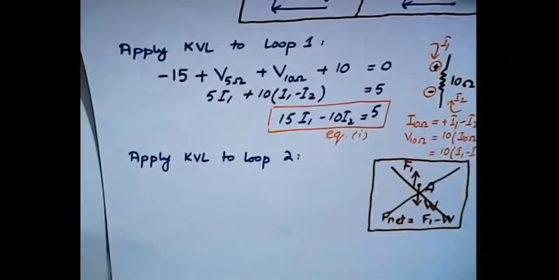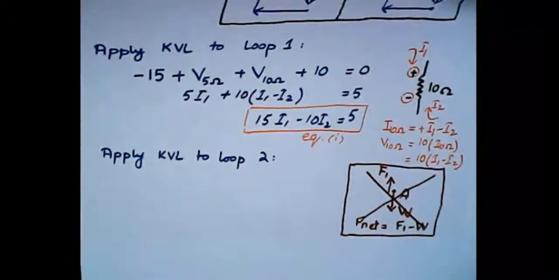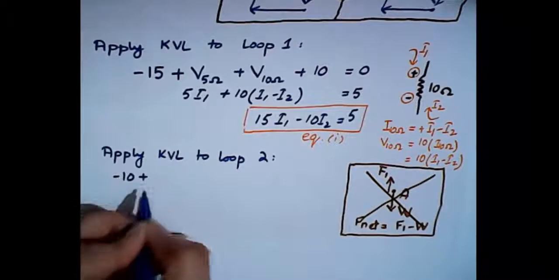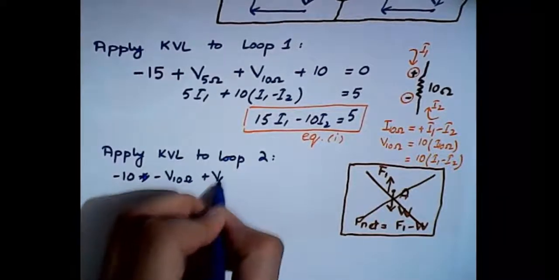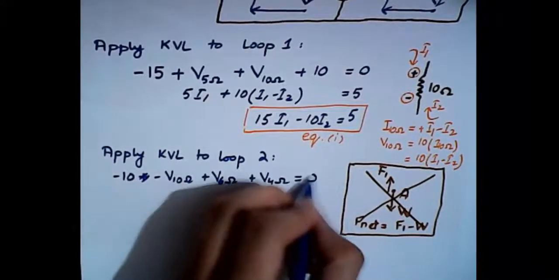So what will be our equation? It will be minus 10 minus V10 ohms plus V6 ohms plus V4 ohms, where V4 is basically the voltage drop at the 4 ohm resistance.